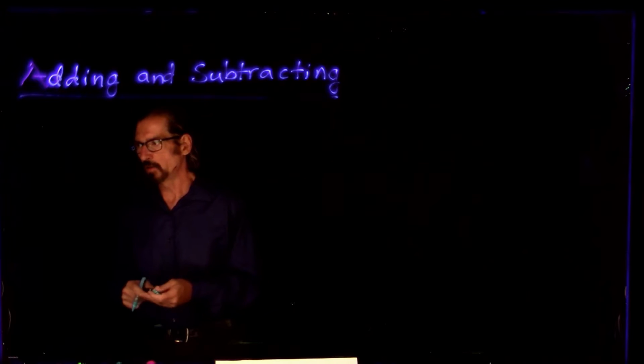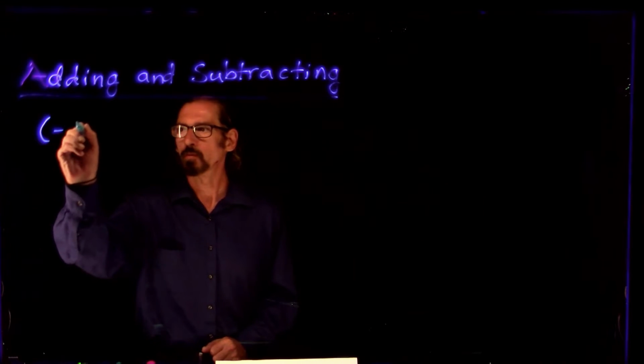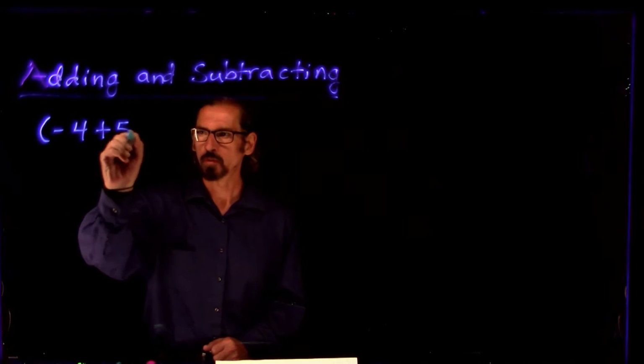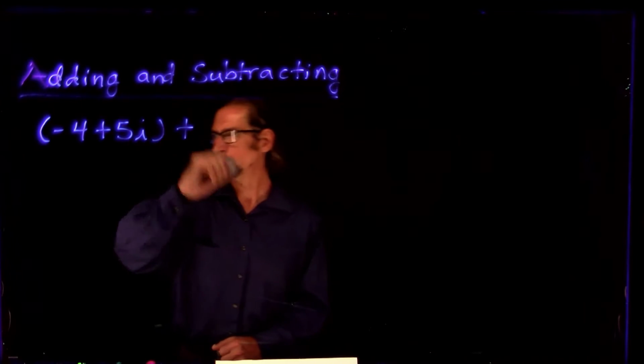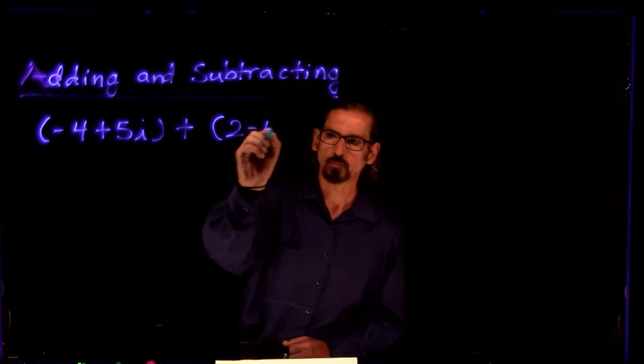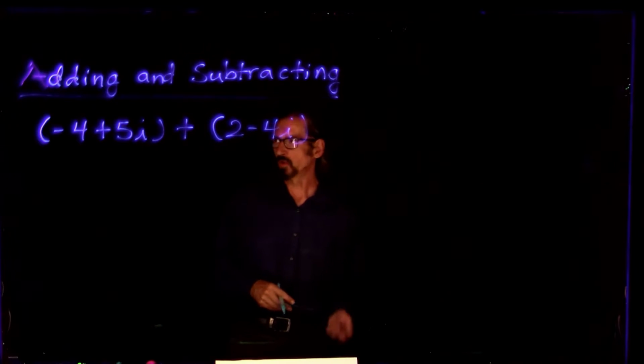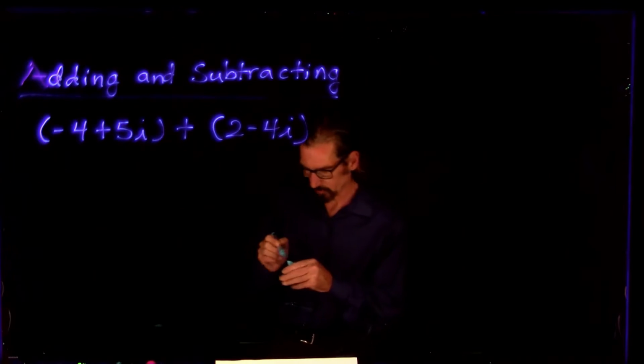Say we have to add -4 plus 5i to 2 minus 4i. Again, we're thinking about combining like terms.